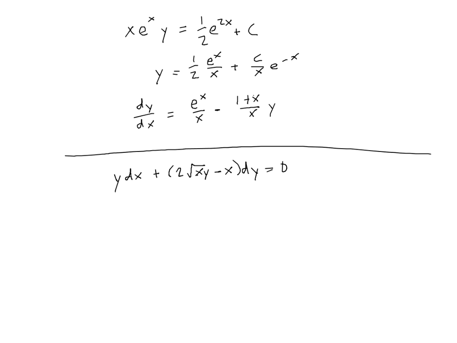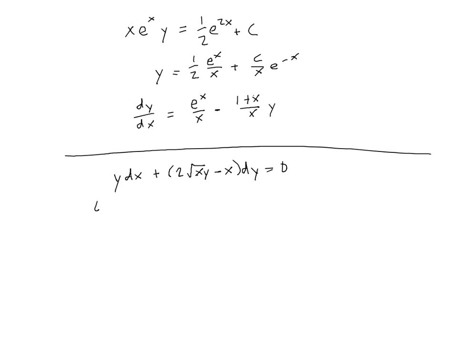Okay? So the reason I call this the try method is that if you look at this, it's not separable, obviously, because you have x's and y's all mixed together over here. It also doesn't look exact, because if you take a derivative of this with respect to y and this with respect to x, it doesn't look the same.